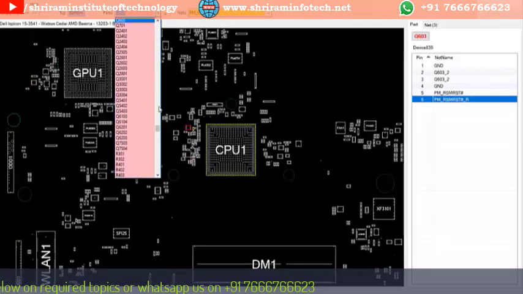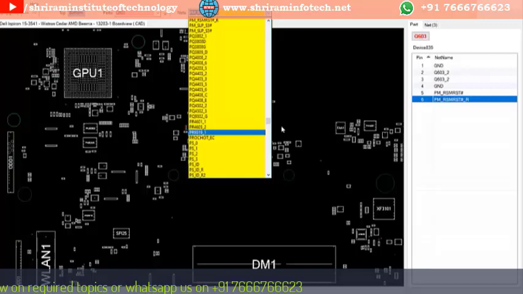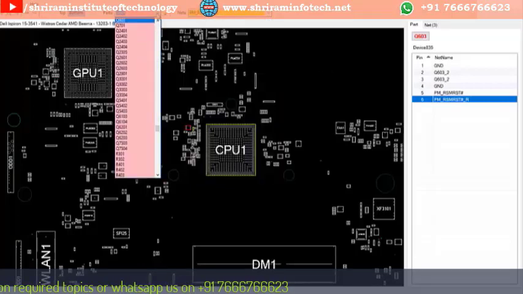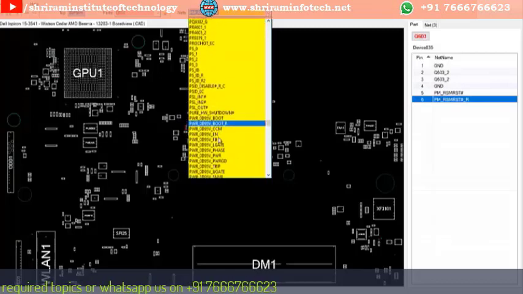And this side is the signal side, all the voltages and all the signals. All the components like resistor, capacitor, MOSFET, chips, everything is there, and this side is for all the signals.